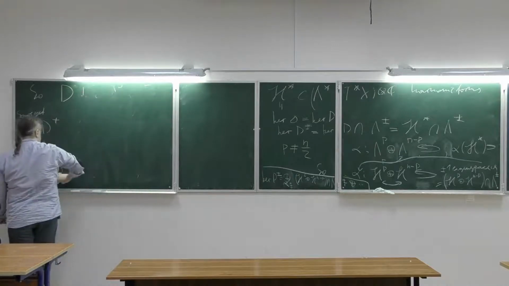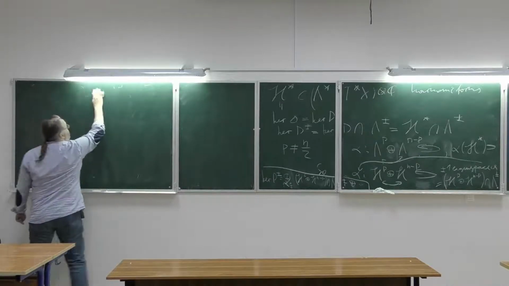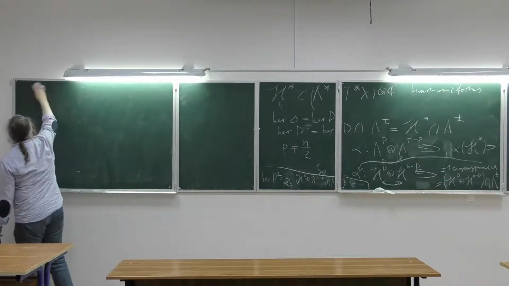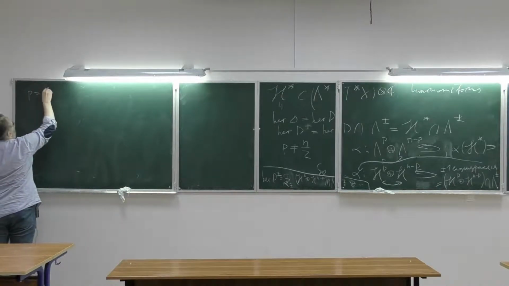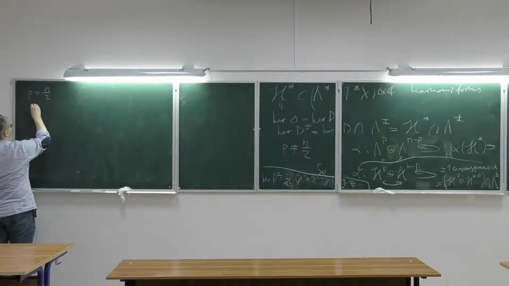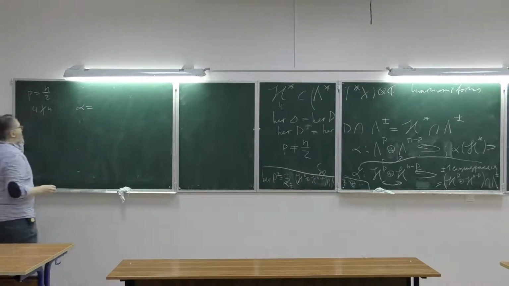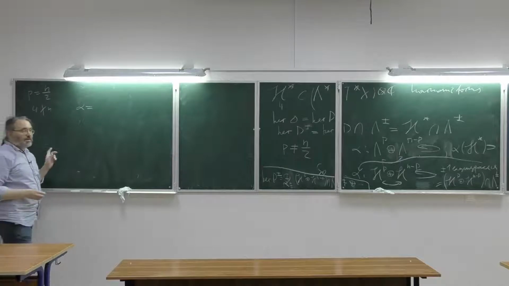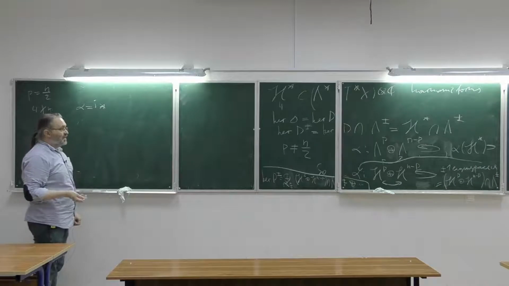What happens if p is 1/2 n? Well, it depends on whether or not n is divisible by 4. If n is not divisible by 4, then, as we saw last week, alpha is I star.